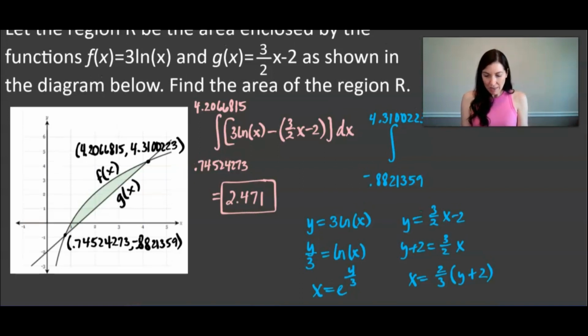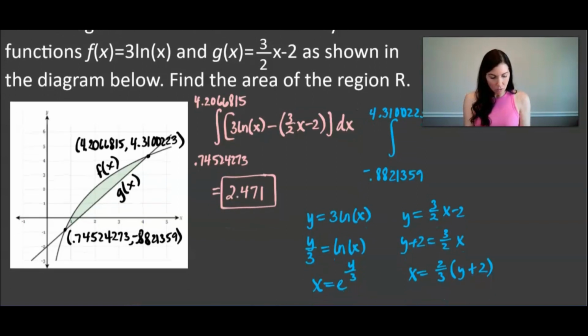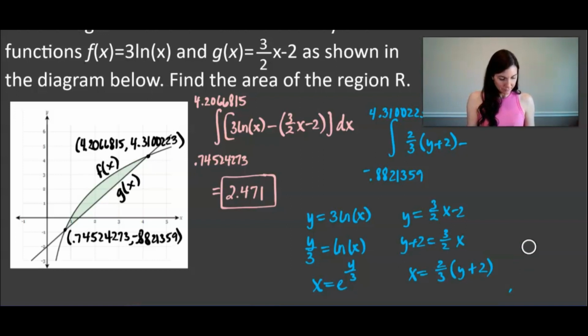When I go to write this integral, I am now going to take the right function, which is g of x, minus the left function, which is f of x. So that means I'm going to take this function on the right, the 2/3 y plus 2 function, minus the function on the left, which is e to the power of y over 3.